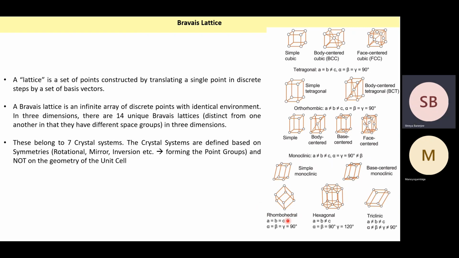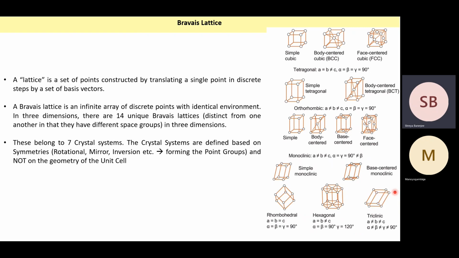One is rhombohedral, where A, B, and C are equal and alpha, beta, gamma are equal. And it is only simple, meaning there are lattice points only at the corners. The penultimate one is hexagonal, where A equals B, but C is different, and alpha equals beta equals 90, but gamma is 120.